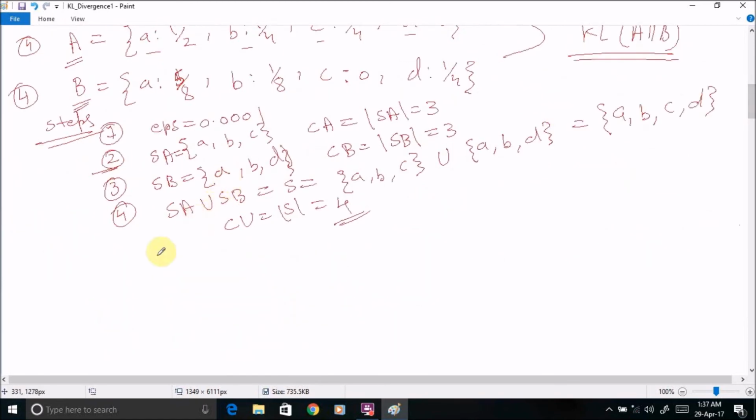Now the next computation is very easy. We apply a simple algorithm.